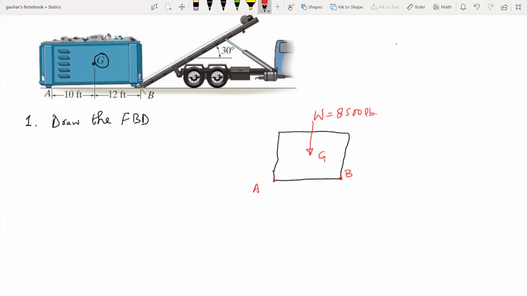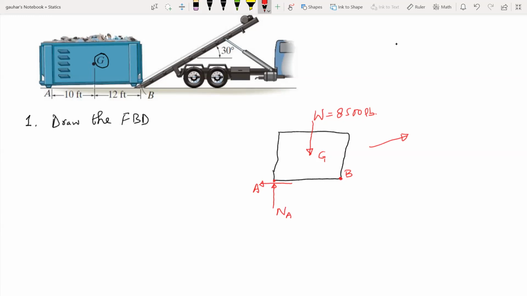Now we know what forces are acting at point A and point B. At point A we have a normal force, since it's resting on this ground surface, so we have N sub A, and we have the friction force. Now this bin is moving in this direction, and the friction force is always opposite to the direction of motion.